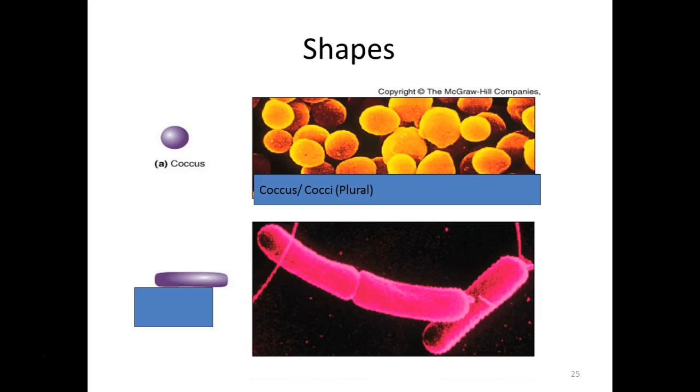So a coccus is a single spherical shaped bacteria. Right? Three-dimensionally, it would look like a sphere. If we're talking about more than one, we say cocci. So in this picture, you see several cocci.